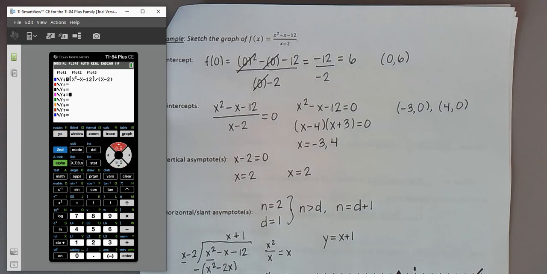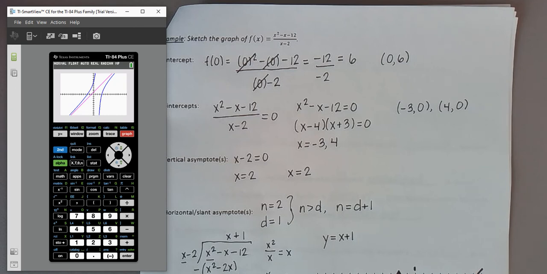Don't clear anything, but let's type the additional equation that we have for our asymptote, x plus 1. And let's graph that. Notice you can see that it's going to inform the shape of the curve we already graphed. The curve we already graphed follows the shape of that particular diagonal line. That's a pretty good confirmation that that asymptote is correct.